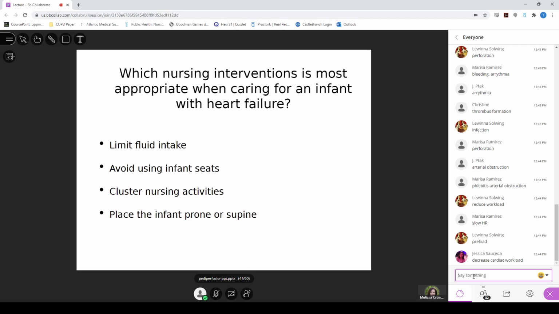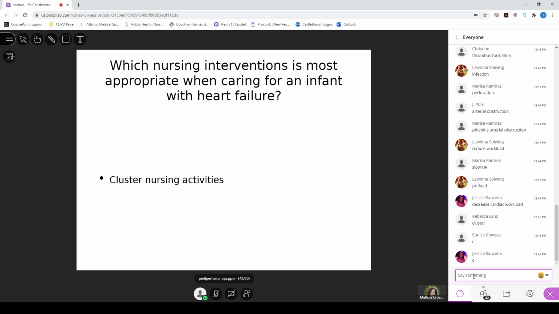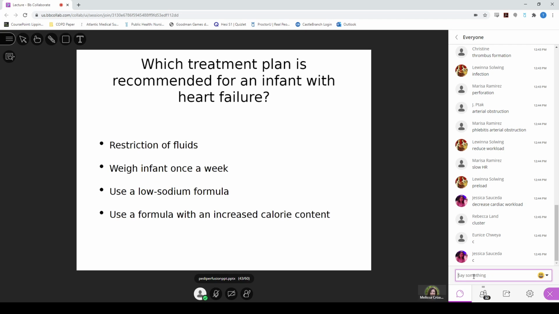Here's y'all's favorite ones. Which nursing intervention is most appropriate when caring for an infant with heart failure? Good. Yeah, cluster care. Which treatment plan is recommended for an infant with heart failure?